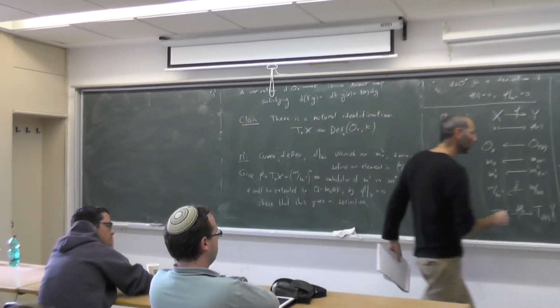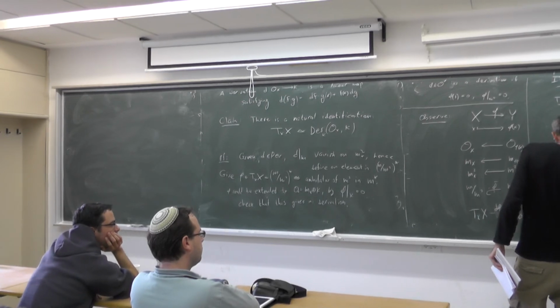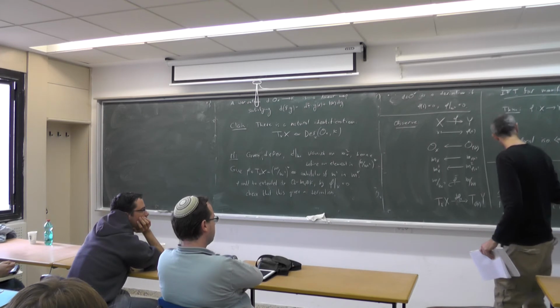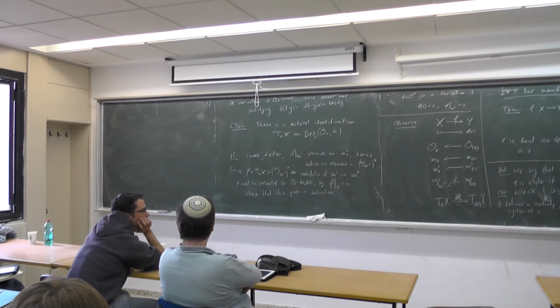Sorry? What do you mean? What is the question? f_i is what? Is F composed with? No, F is a bunch of f_i's. Yes, the f_i's are F composed with the projection along the coordinates.